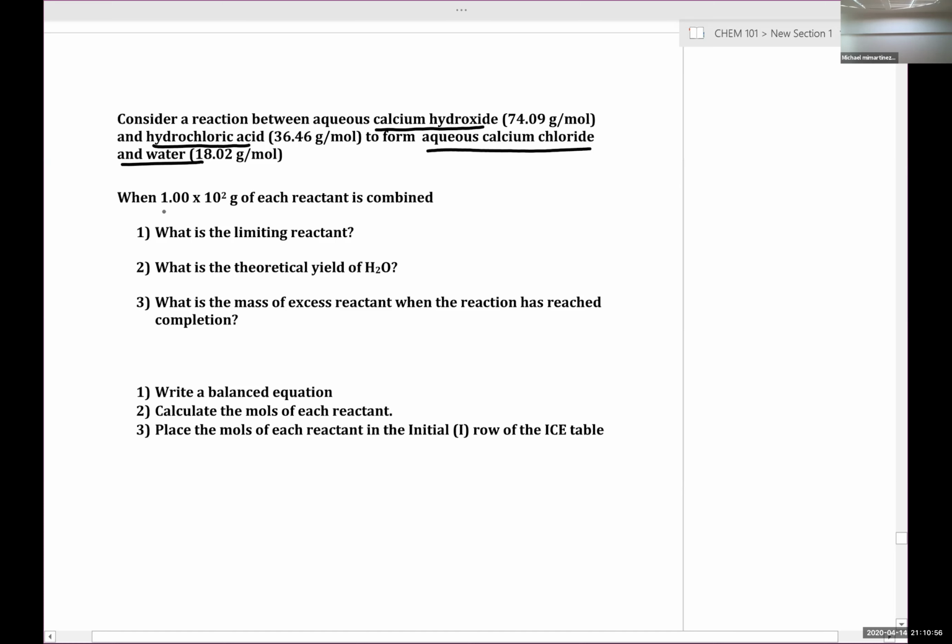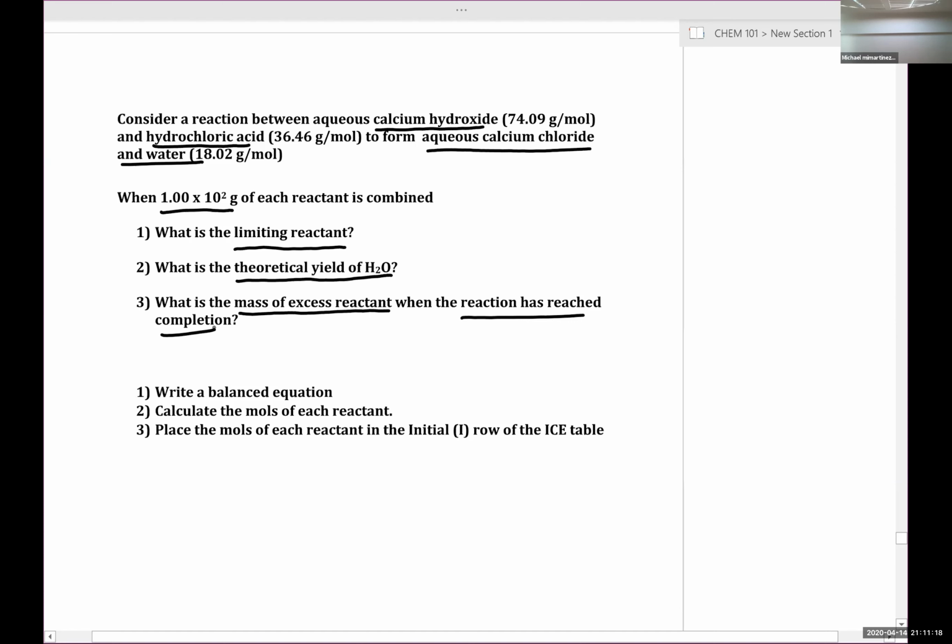We're given that if we combine 100 grams of each reactant, we're asked to figure out what is the limiting reactant, what is the theoretical yield of water, and we want to determine the mass of excess reactant when the reaction has reached completion, okay?